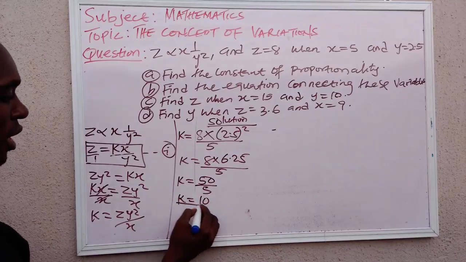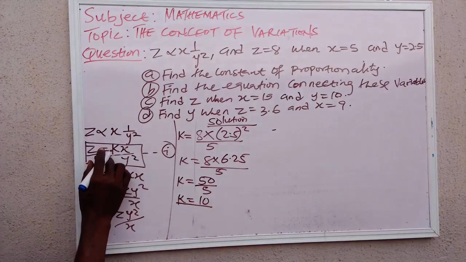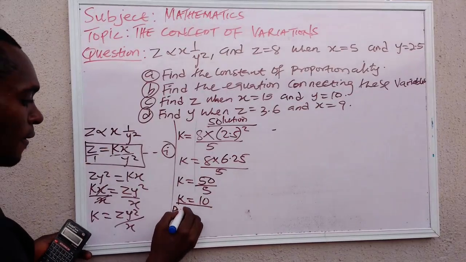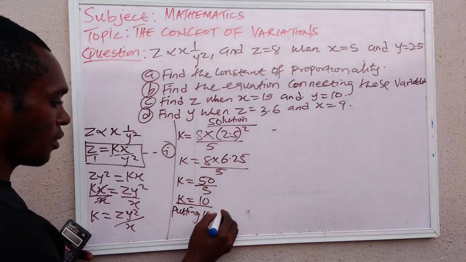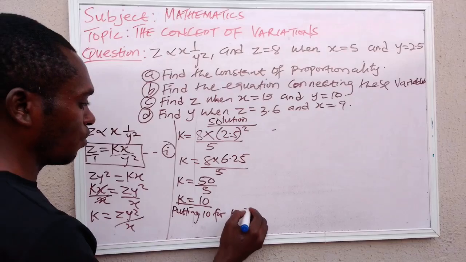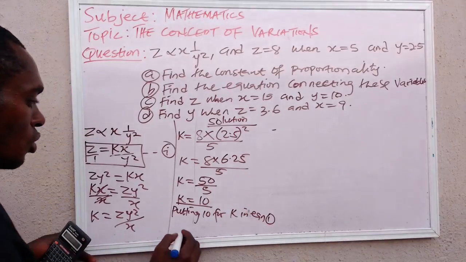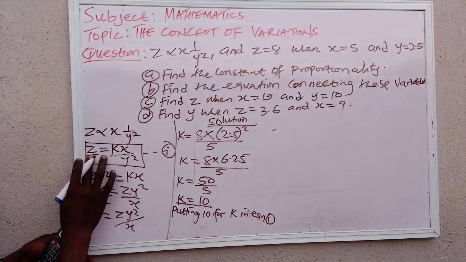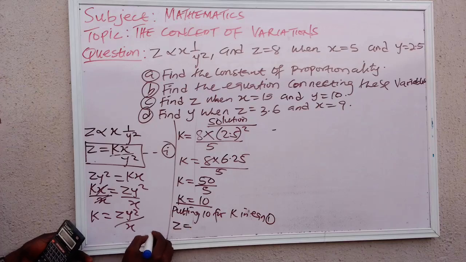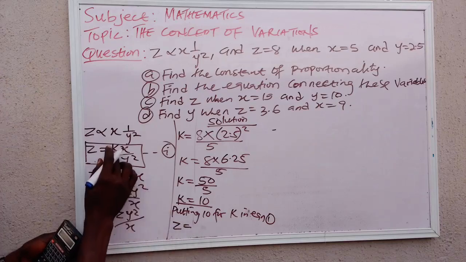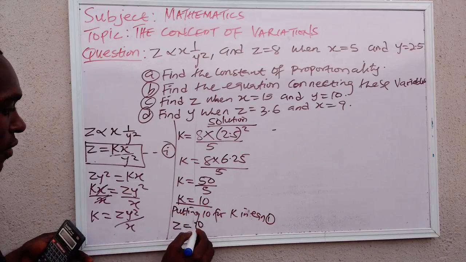So we're going to put this k back into this equation. So putting 10 for k in equation 1, what we're going to be having now, let me clean this, z is equal to k. K is 10.